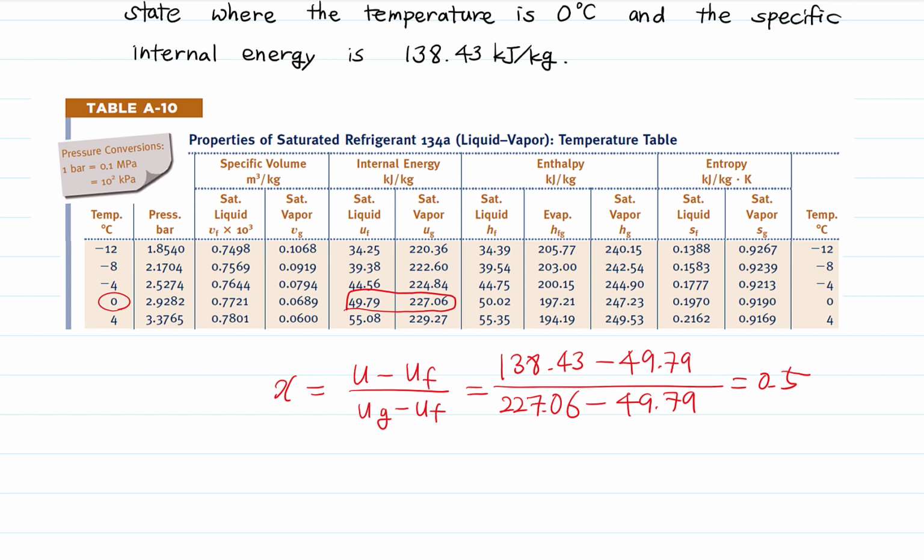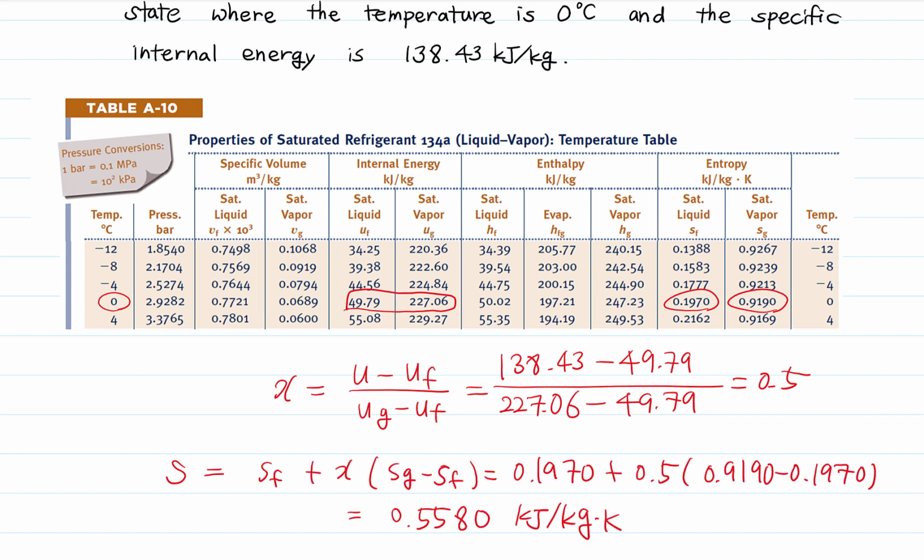So quality is determined. Now we use the quality to determine the entropy. Entropy for the saturated liquid is 0.1970. Entropy for saturated vapor is 0.9190. So we can determine entropy. We use the same method to determine the internal energy and enthalpy using a quality.